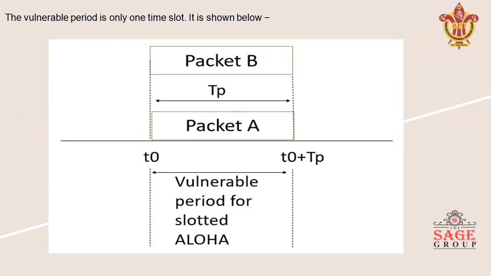It is shown below. In this slot, we can see there are two packets, packet A and packet B. Both are sending at the same time. So in that case, no data is received by the receiver. All the data may be corrupted. So there is a chance of collision, and this time period is said to be the vulnerable period.